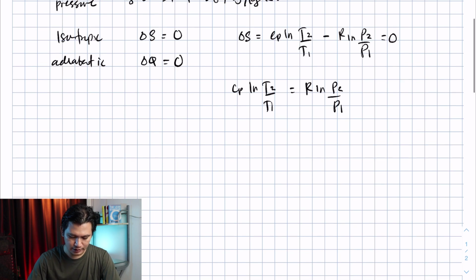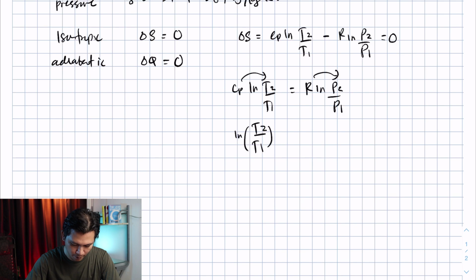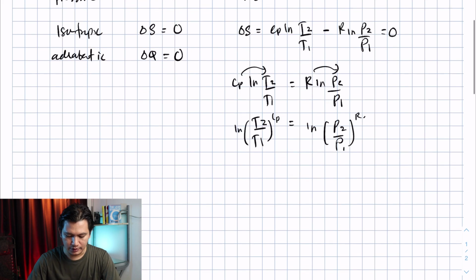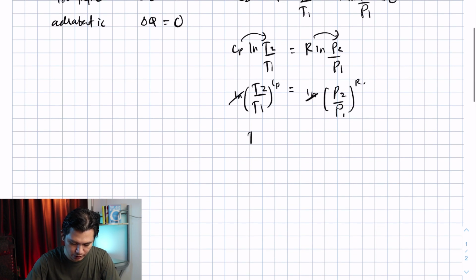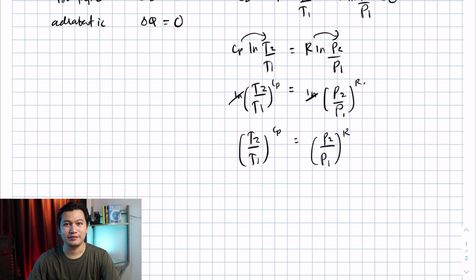When we are dealing with ln, we can always bring Cp and R to the power. So ln of T2 over T1 to the power of Cp equals ln of P2 over P1 to the power of R. If we remove the ln from both sides, we end up with T2 over T1 to the power of Cp equal to P2 over P1 to the power of R.